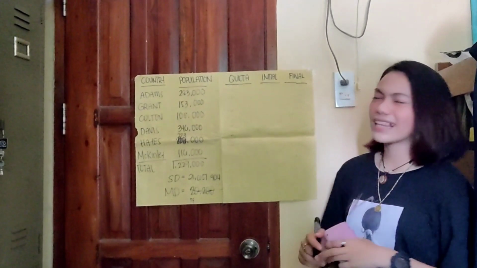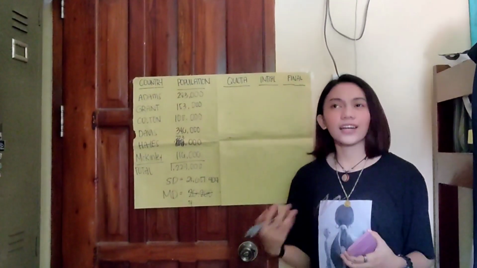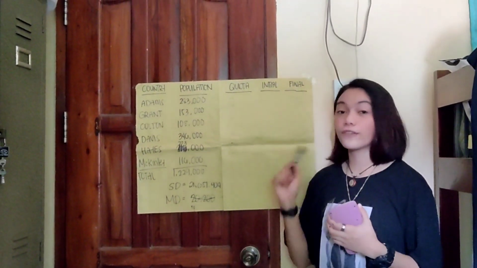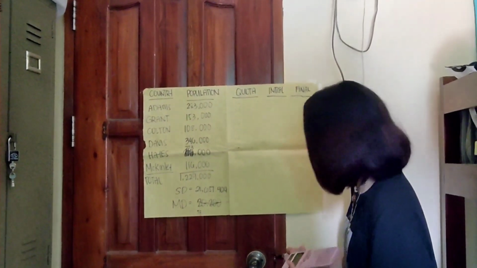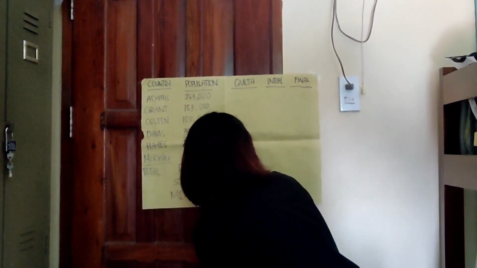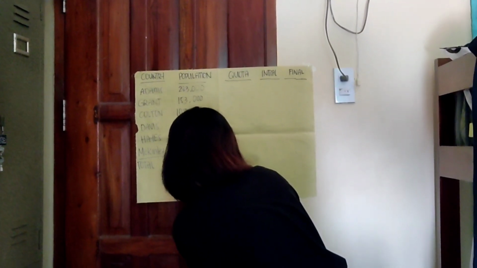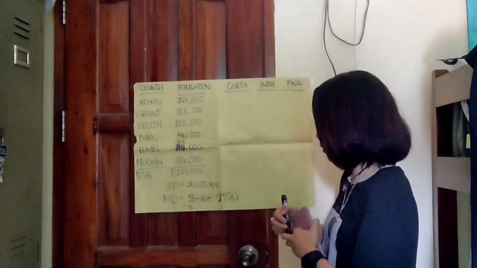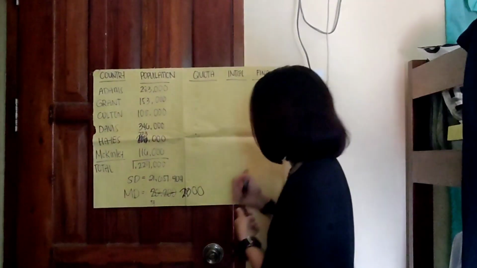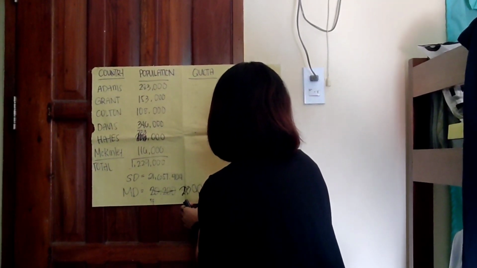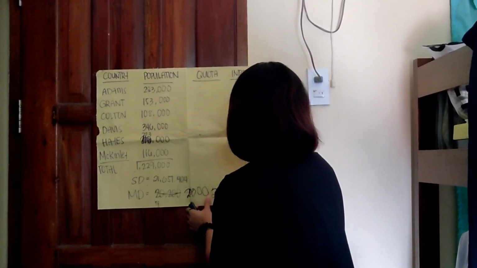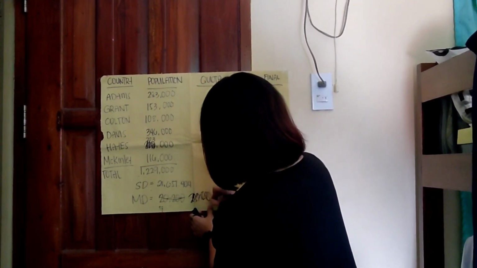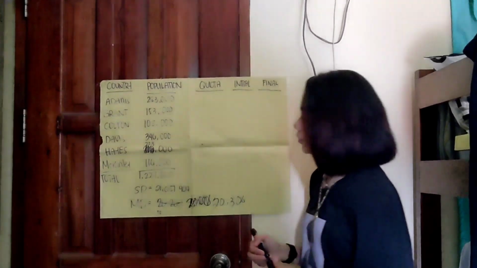So let's think of another number to get 57 seats. Let's say 20,300. That's our new modified divisor.